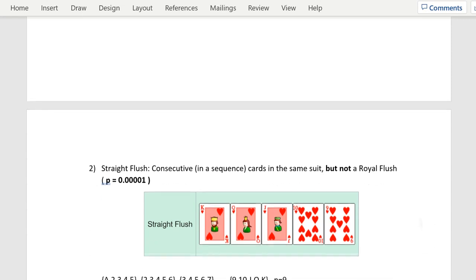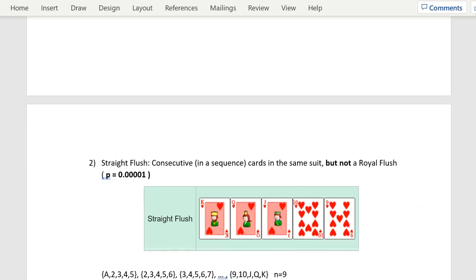Well, first of all, if you take a look at possible straight flushes, those could be ace, 2, 3, 4, 5. Then you have 2, 3, 4, 5, 6, then 3, 4, 5, 6, 7, and so on. The highest one you can have is actually 9, 10, jack, queen, and king. Okay, so there's 9 of these straight flushes.